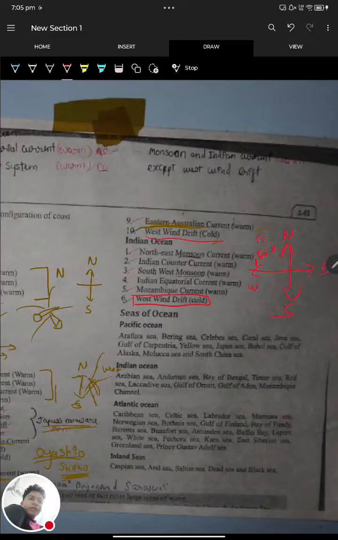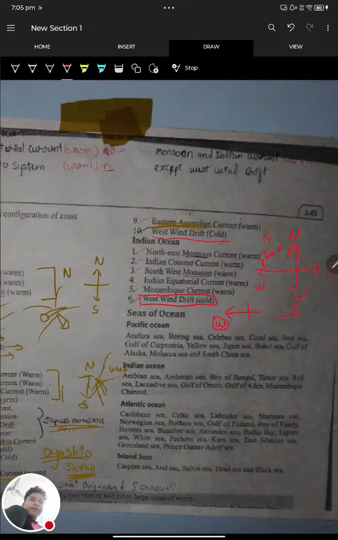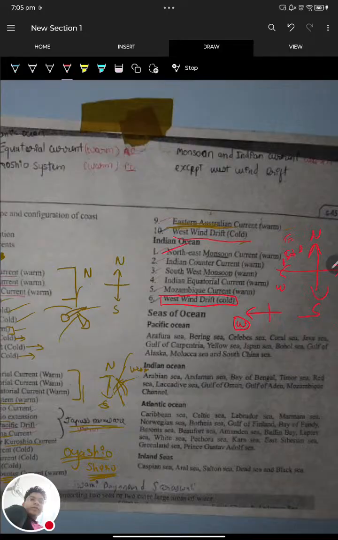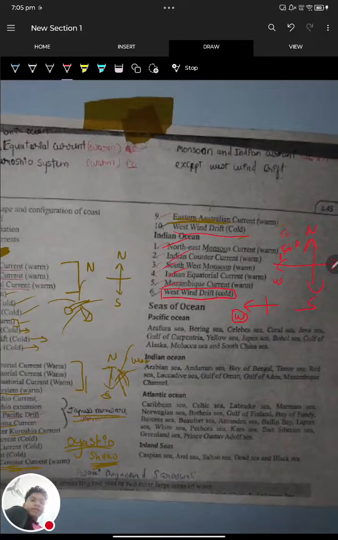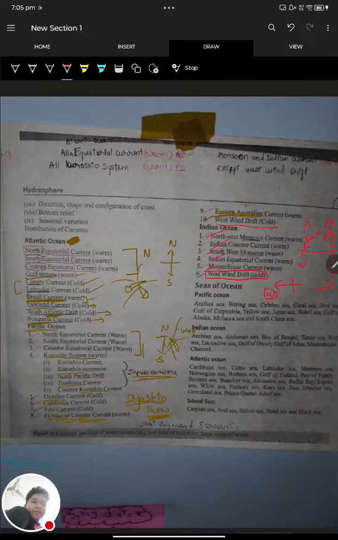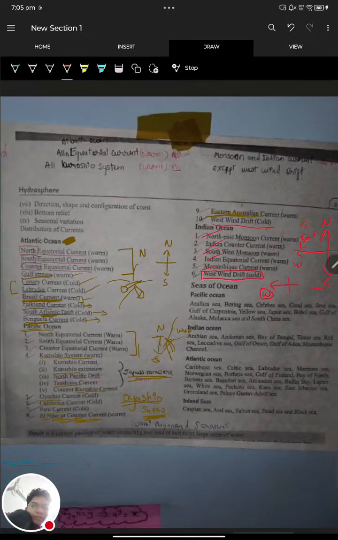So everything which is going to the west is becoming cold, right? Whereas the Indian east monsoon is warm, Indian Ocean current is warm, southwest monsoon is warm, Indian equatorial current is warm, Mozambique current is warm. So yeah, Gulf of Oman, everything is warm.